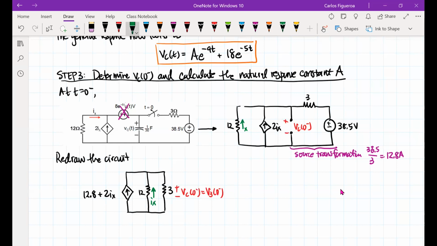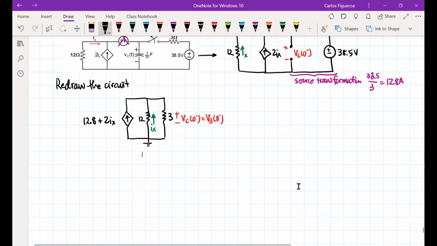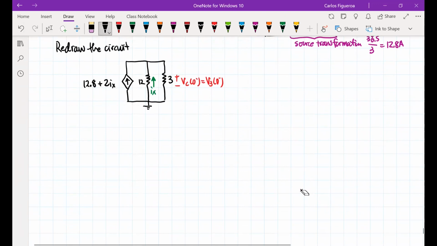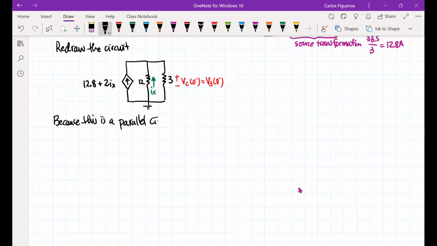If I look at the circuit a little more carefully, I clearly see that this node is my ground, and the top node is VC. The thing about it is that I really don't need to talk about the nodes, because this is a parallel circuit. Because this is a parallel circuit, I need to calculate IX first and then apply Ohm's law.